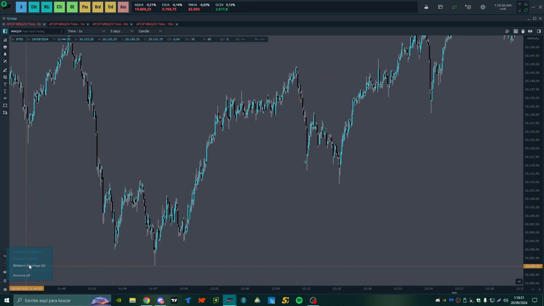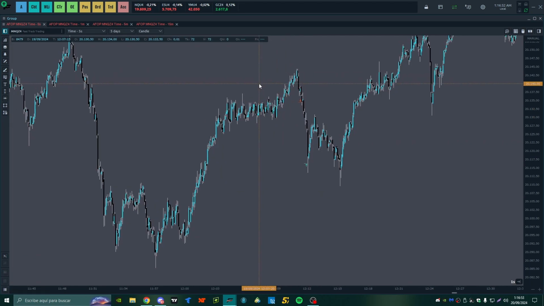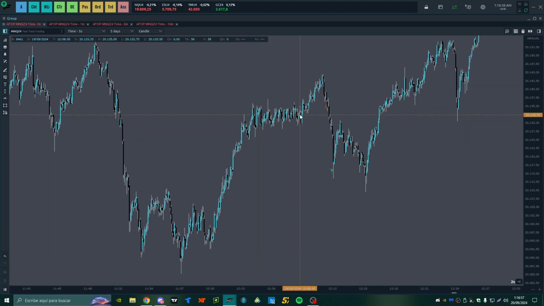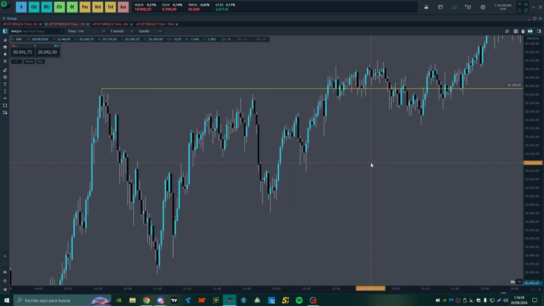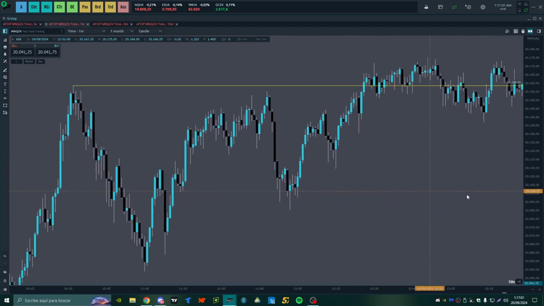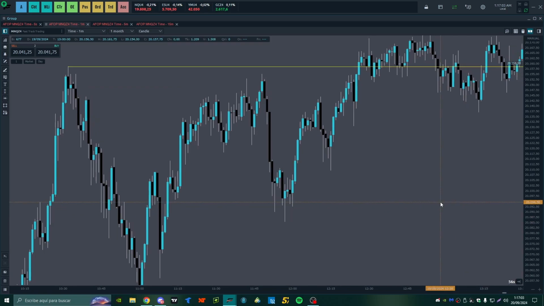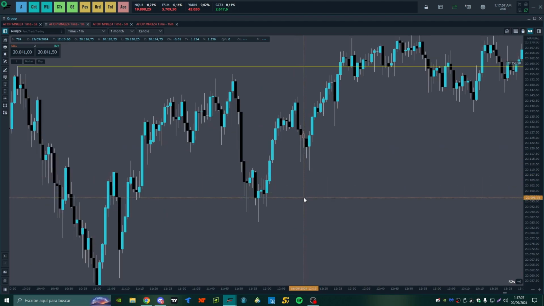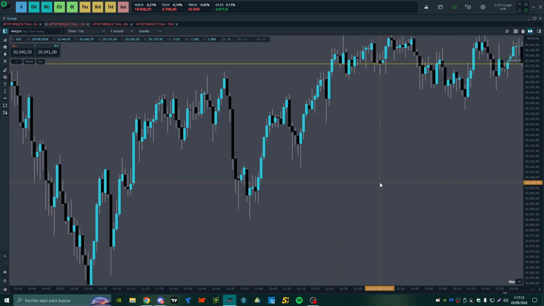So up until this point, I see that the price is accumulating on the 1 minute. We're talking about imbalances. When there are several imbalances in a timeframe, we go up in timeframe until we find only one.